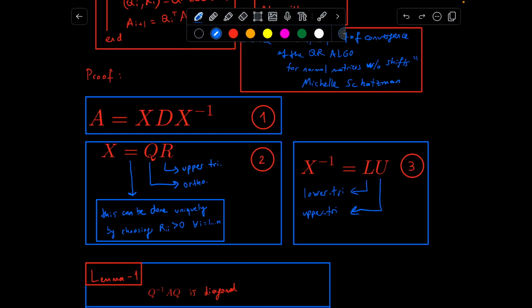And again, one more assumption here is to facilitate the proof process. I am imposing the constraint that the magnitude of lambda i is not equal to the magnitude of lambda j for all i not equal to j.